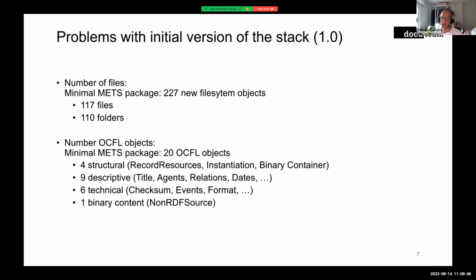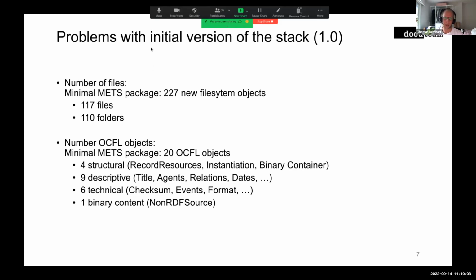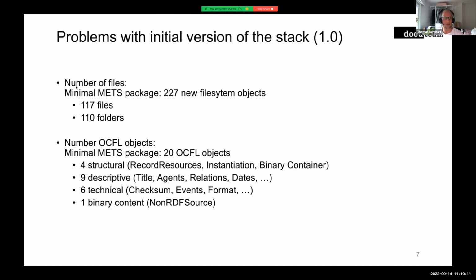First thing we noticed, and clients noticed when they started doing test migrations, boiled down to the minimal example: you have one package containing one binary file and a METS XML with metadata for it. In the initial version that we delivered to clients last year, you get over 200 file system objects in OCFL.